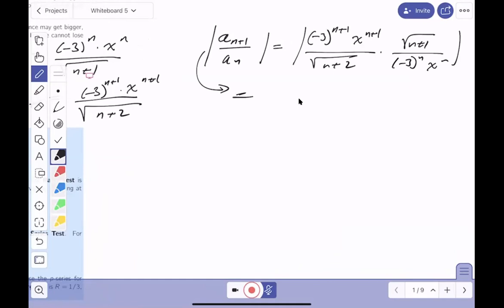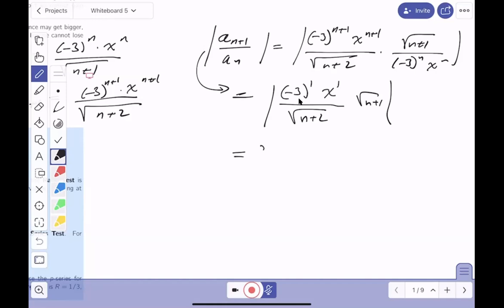Well, let's see, you'd get the absolute value. Well, you get minus 3 to the first power, and then you get x to the first power, and then you get this over here. Well, I'm going to take the absolute value of that. What I notice about this is that n is a positive number going off to infinity, so this is fairly easy to do. The absolute value of minus 3 is 3.